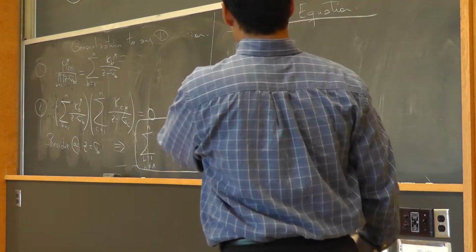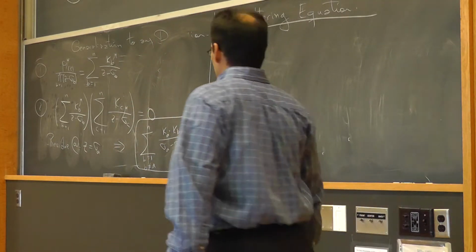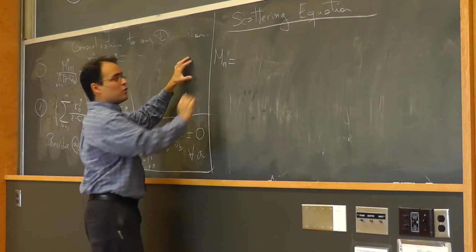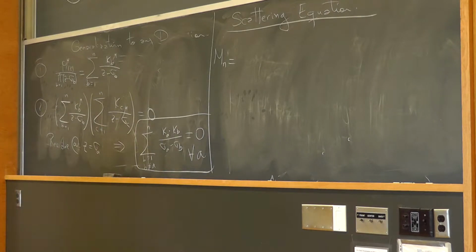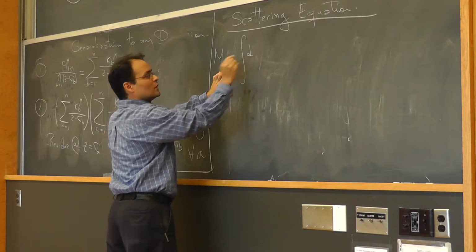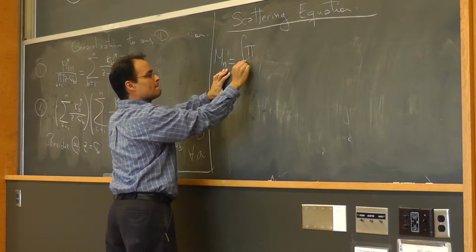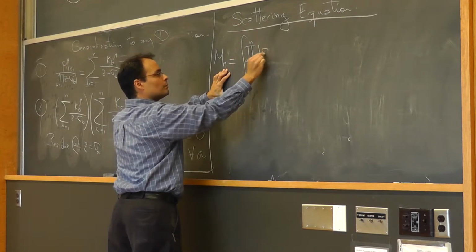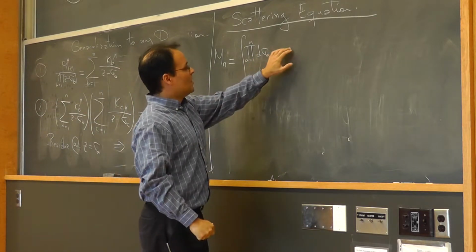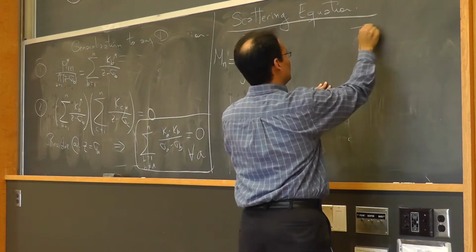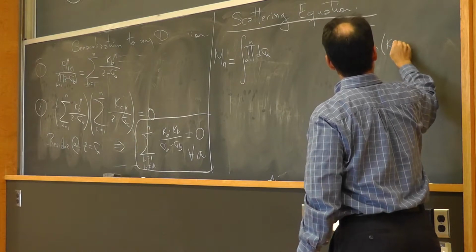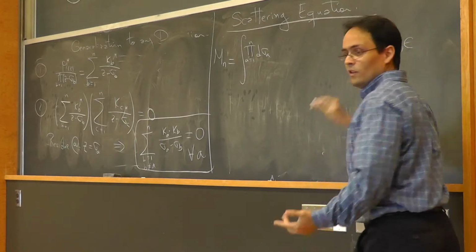So we call these the scattering equations, and we conjecture that there must be a way of writing the amplitude, this M I was telling you about, for any theory of massless particles as an integral over the location of all the punctures on the sphere, of an integral that depends on the external data, the wave functions of the particles.